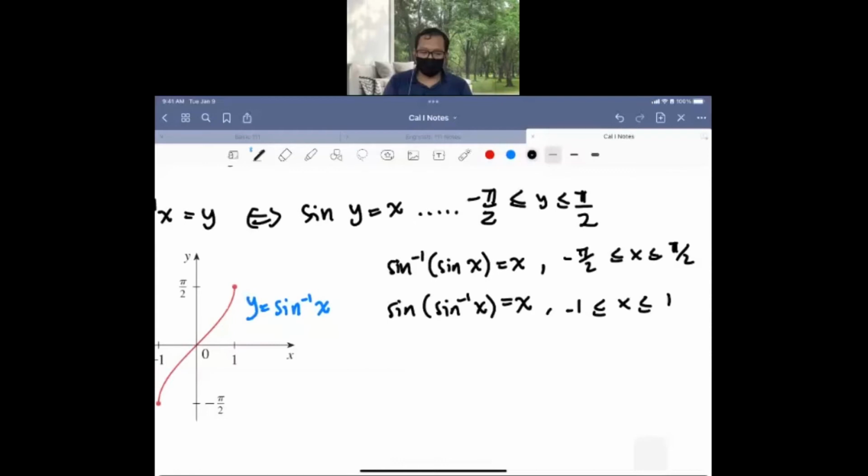And also tangent inverse. I think the domain will be the same, but for tangent it has the asymptote, right? It has some infinite points.